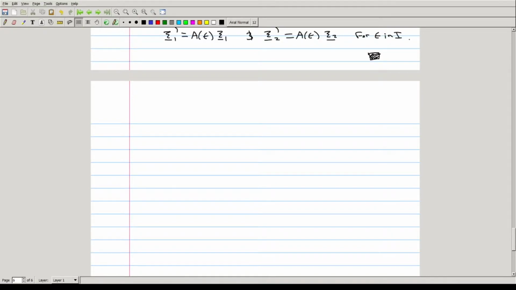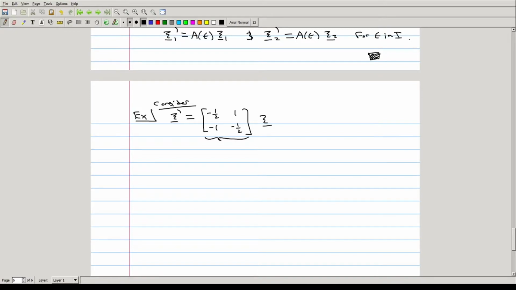So let's go through and consider the following example. We'll consider the linear system xi prime is equal to the matrix -1/2, 1, -1, -1/2 times xi.